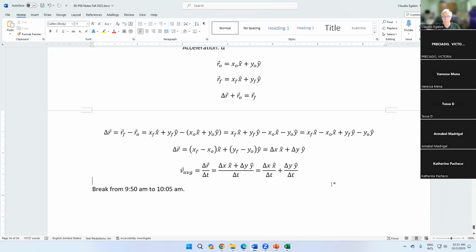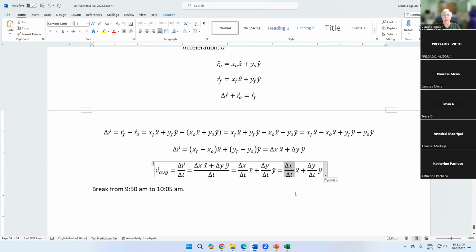I'm going to put this x hat outside the ratio so you can appreciate how this relation is broken down in terms of components of the average velocity. Here you have the x component of the average velocity vector, and here the y component: delta x over delta t, delta y over delta t.